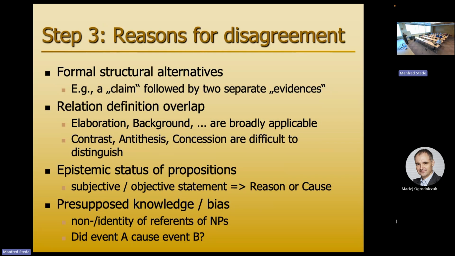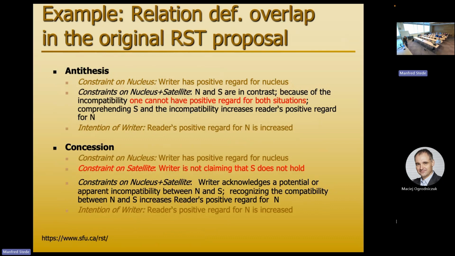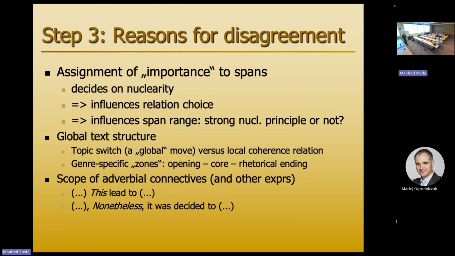So its name and description, the station area, is it the same or not? And it leads to decisions like this, is there causality? So this is the presupposed knowledge or bias, bin number 4 of underlying reasons. This we have seen already.